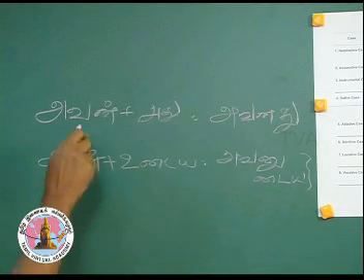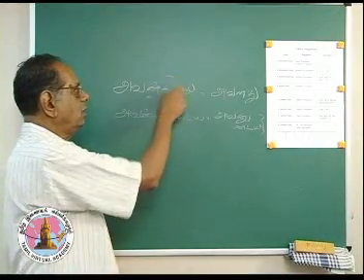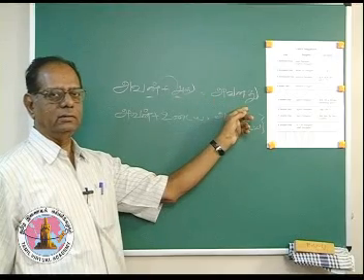Here you see this is a consonant and this is a vowel. Naturally they get combined and it becomes na. Avanadu, his.